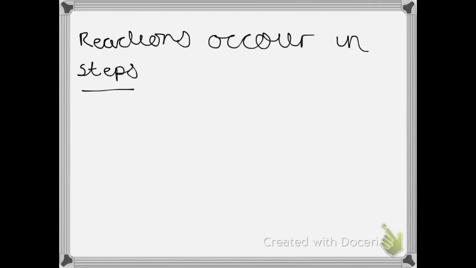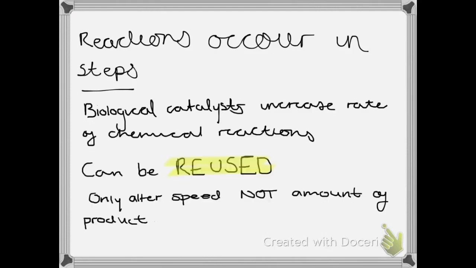So as I mentioned earlier, proteins can be catalysts, which are used in reactions, and it's important to remember that reactions occur in steps. They don't just all happen at once. And these biological catalysts, which are proteins, are called enzymes. So enzymes increase the rate of chemical reactions without being used up, so they can be reused.